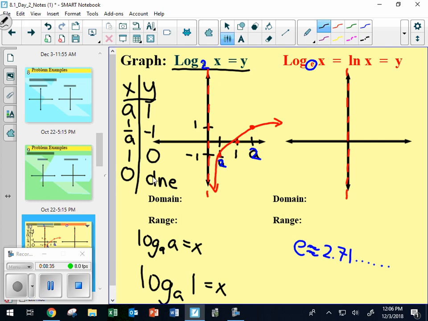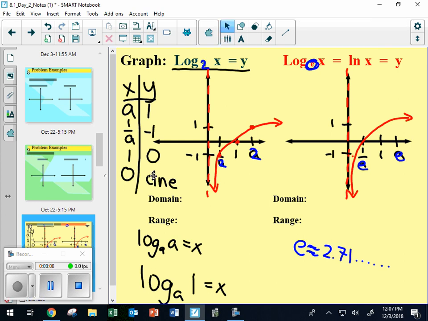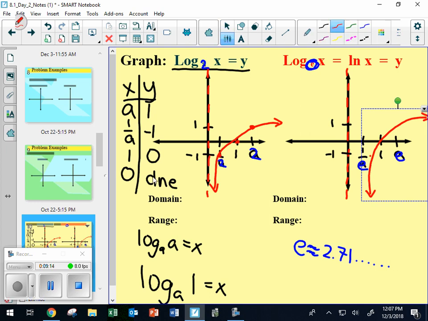You still have a -1 and a +1 for your y values. You still have these 3 tick marks that we called 1 over a, 1, and a. But instead of using a, what are we going to use now? Just whatever we have here. E. So instead of a, I'm going to replace all of my a's with e's. And it ends up being the same shape for our graph. Except this needs to be moved over. There we go.